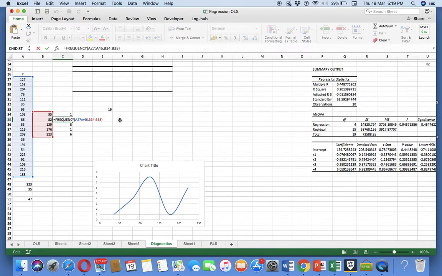Yeah, so it's not a very normally distributed data.